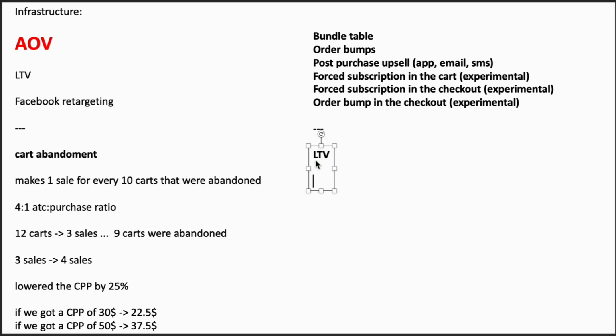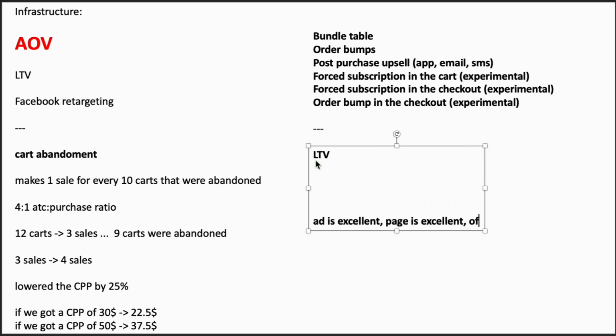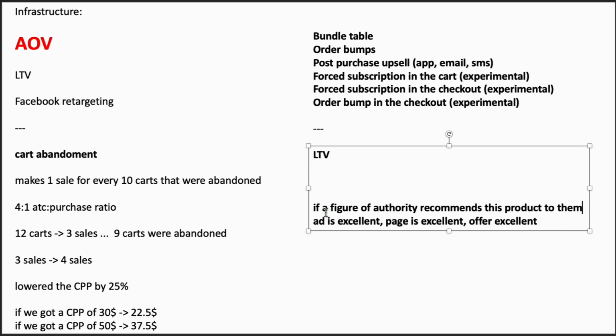There are a few contexts that influence a person to buy a lot. Okay, so the first one is everything is good, right? The ad is excellent, the product page is excellent, the offer is excellent, just like we talked up until now. The thing that's even better than all of those things is if a figure of authority recommends this product to them.